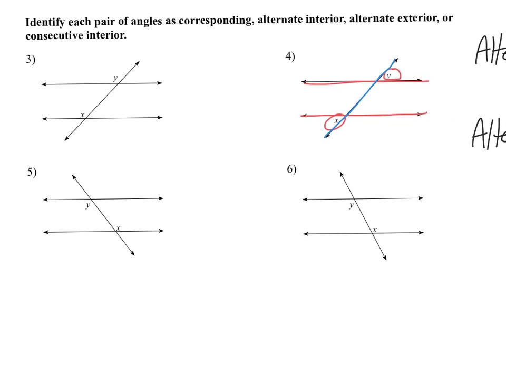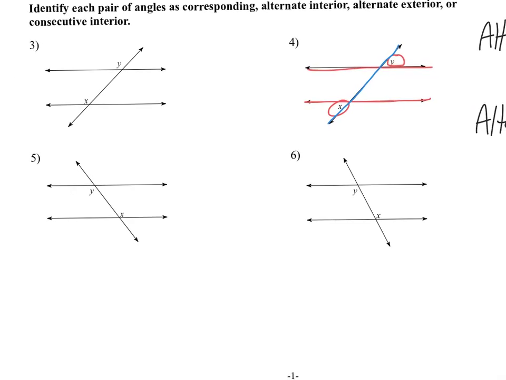And that would be number 5. Okay, so number 5, they're both on the inside. So they're both on the inside of our parallel lines, and they're on different sides of the transversal. Okay, so here are alternate interior. I'm going to abbreviate here. And then this one up here was our alternate exterior, number 4.